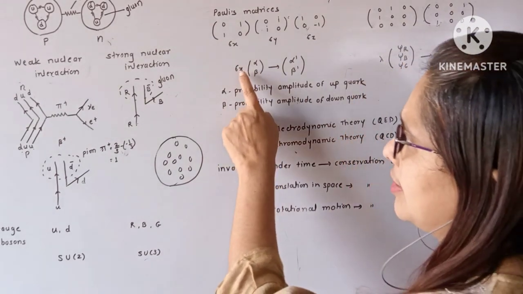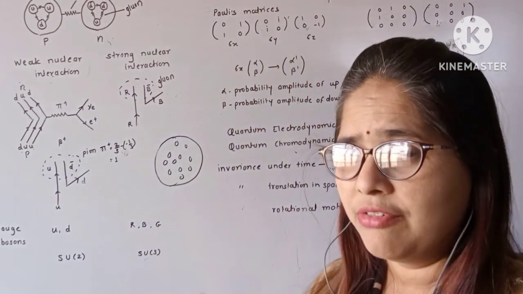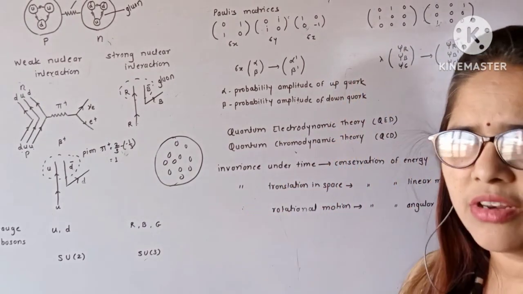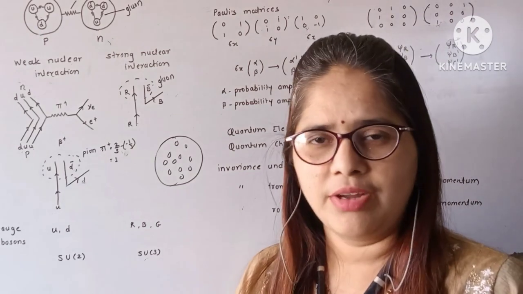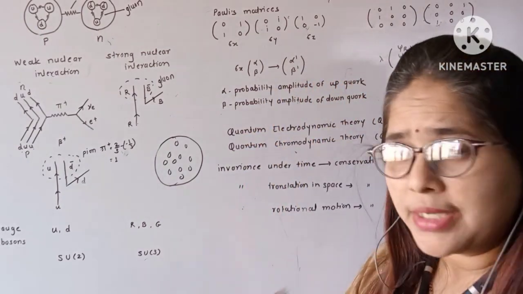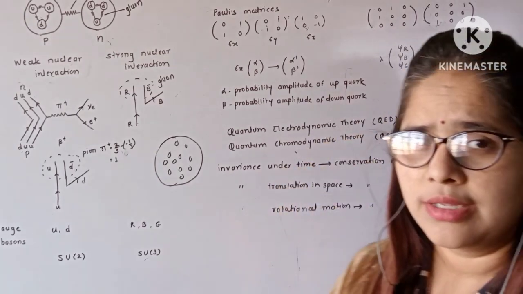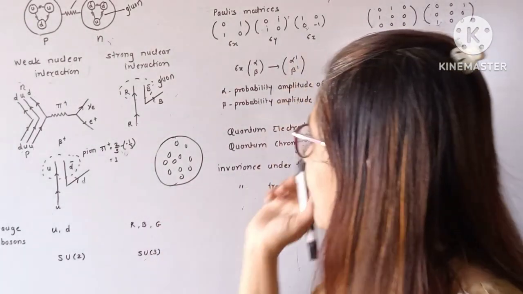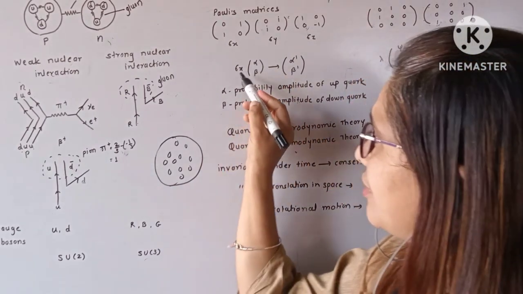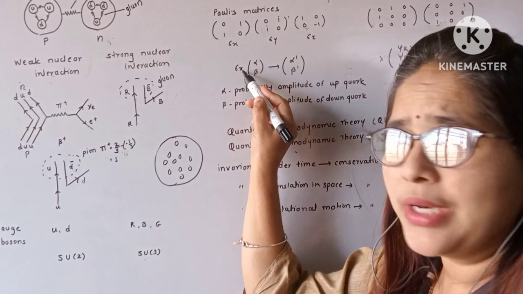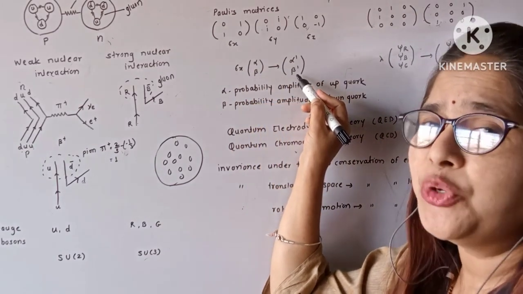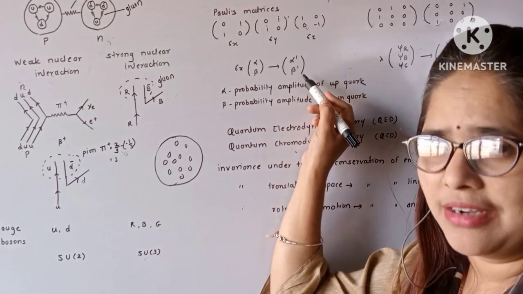Now suppose alpha is the probability amplitude of an up quark, and we have assigned the name beta to the probability amplitude of the down quark. If we consider some state and operate on it with a Pauli matrix, it will give us a new state, alpha dash and beta dash.